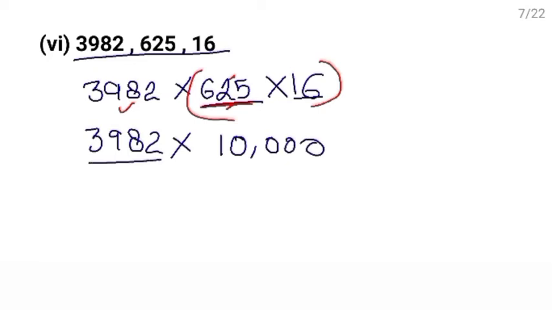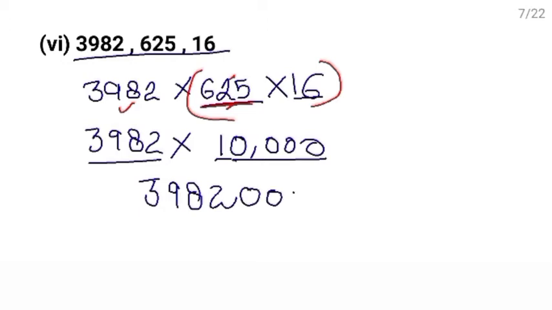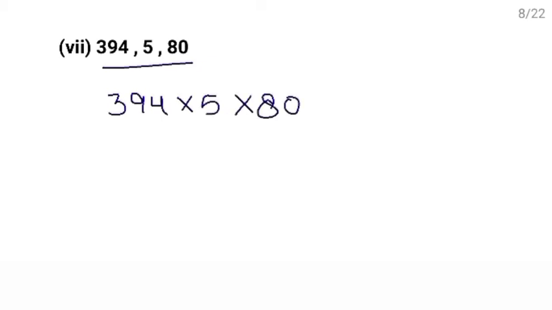Now 3982 ones are 3982. How many zeros are there? 4. So put 4 zeros. This is your answer. Next, multiply these numbers. 394 multiply 5 multiply 80. This is the multiple of 5 and this is a very large number, so I will group this 5 with this even number, that means 80.